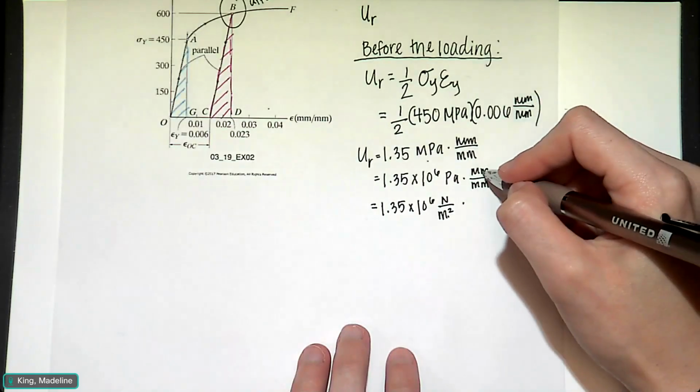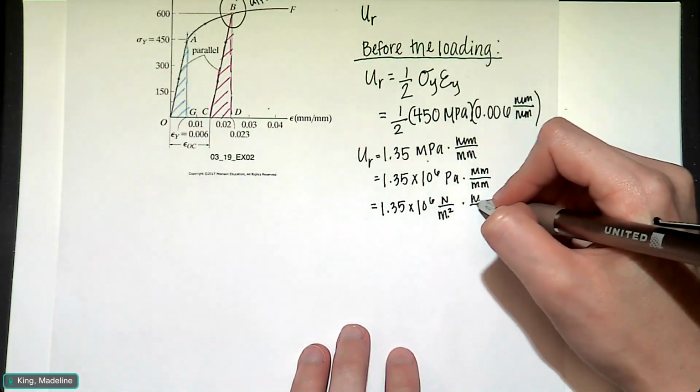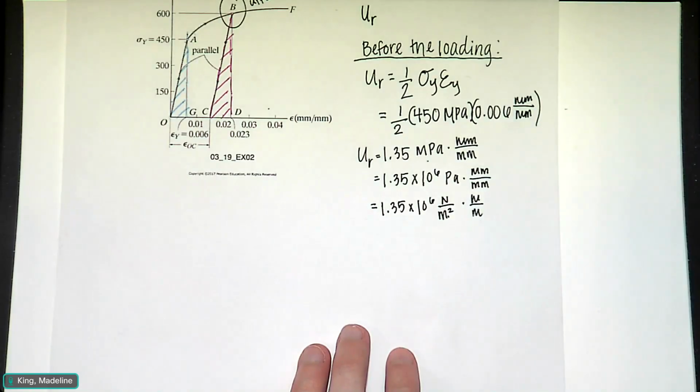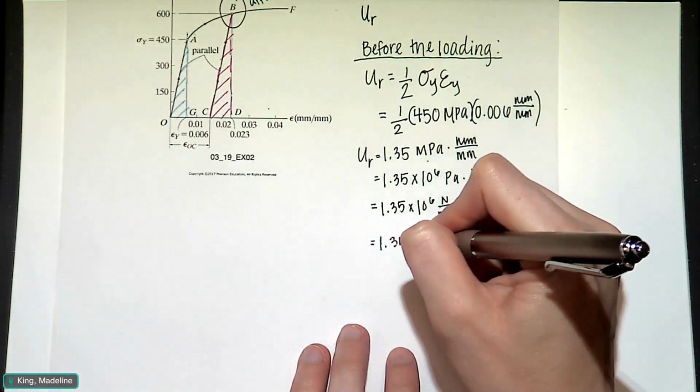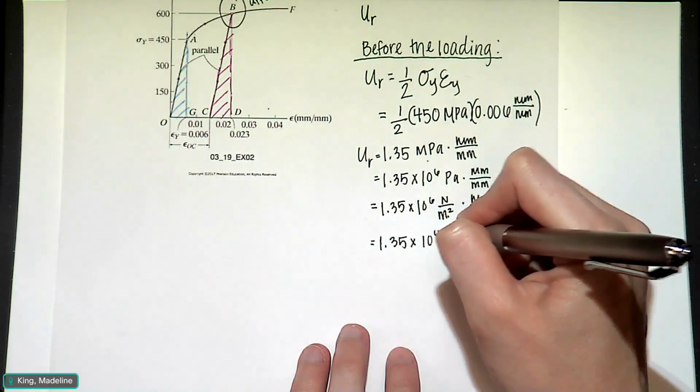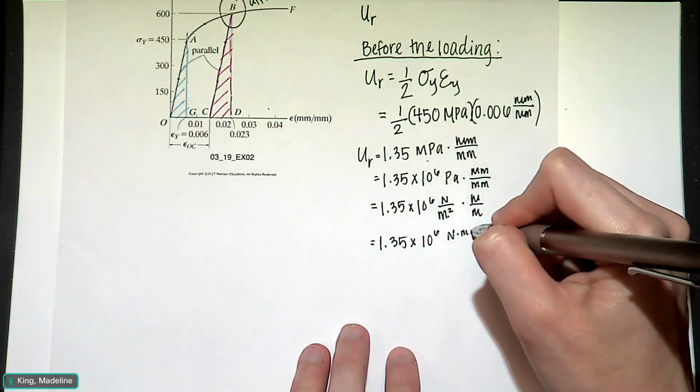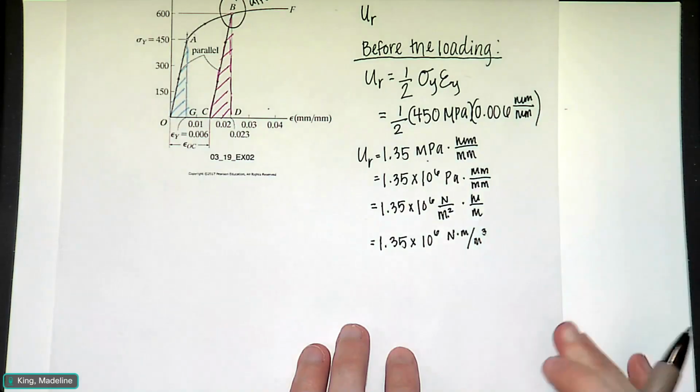So I'm going to just say that this is going to convert to meter over meter. So then that will be 1.35 times 10 to the 6 Newton times a meter over meter cubed.